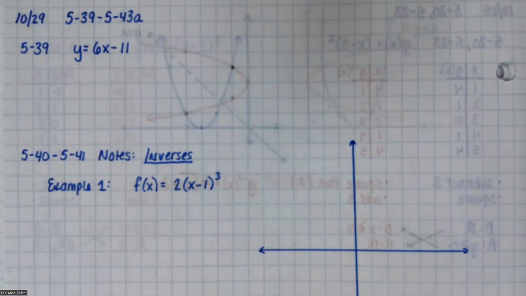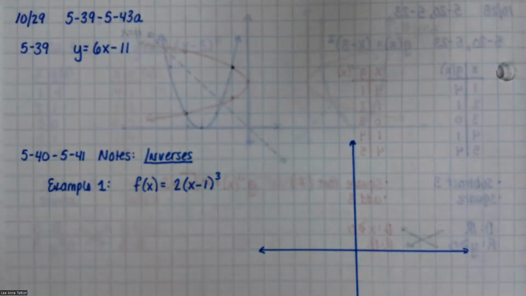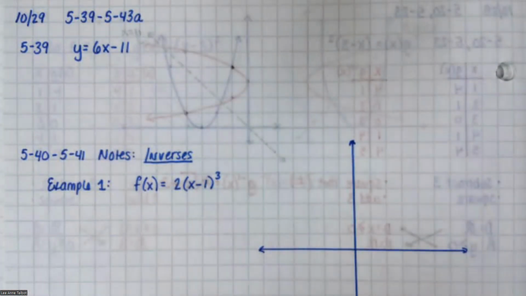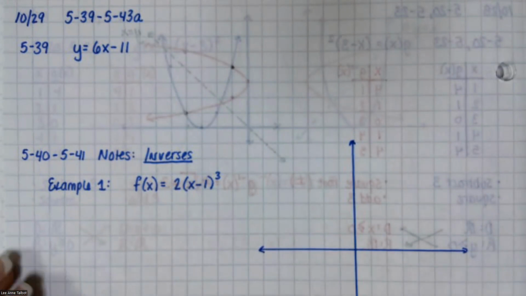Okay, number 39. I don't even know why we're doing this one. It's the easiest problem of all time, but it's fine. The directions here are to find the inverse.